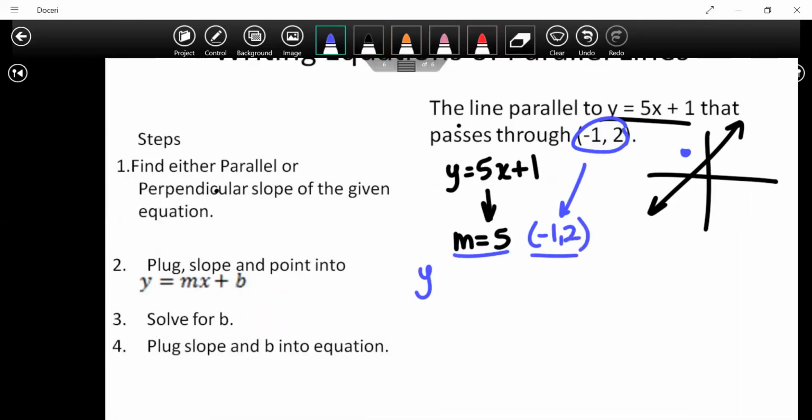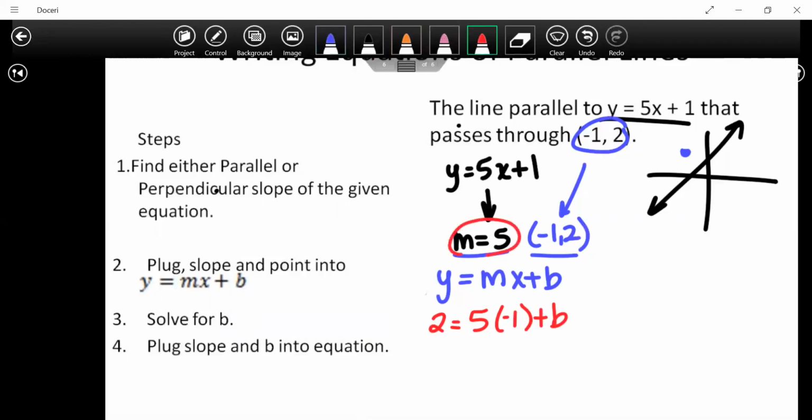Let me write this out. y is equal to mx plus b. And we're going to plug in our x and y. So we're going to get 2 is equal to 5 times, sorry, my x is going to be -1, plus b. So really what we're doing is plugging in our m, our x, and our y, and solving for b here.